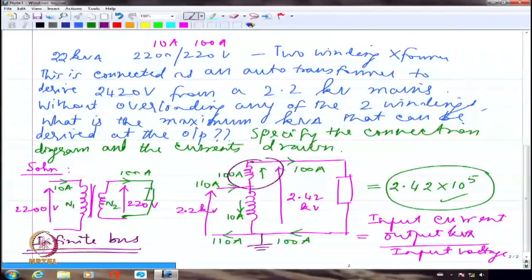So the inherent assumption is this 2.2 kilovolt source will be able to supply 110 amperes. That goes without saying. If definitely it is only rated for 10 ampere, if I try to draw 110 amperes, whole thing will burn. No doubt. Right? So we normally go with the assumption of infinite bus. Right?